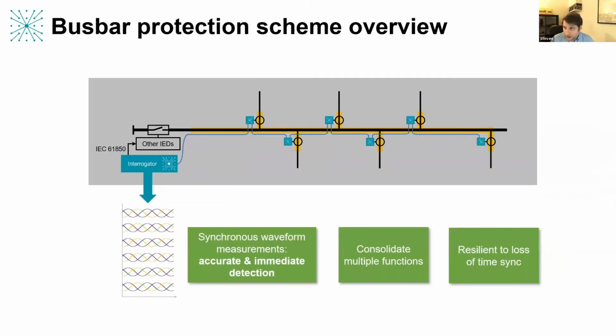Just to explain a little bit further about the busbar protection scheme. Again, we have a central IED, which we call our interrogator, and that's able to receive synchronized waveform measurements from all of the monitored locations in the scheme.